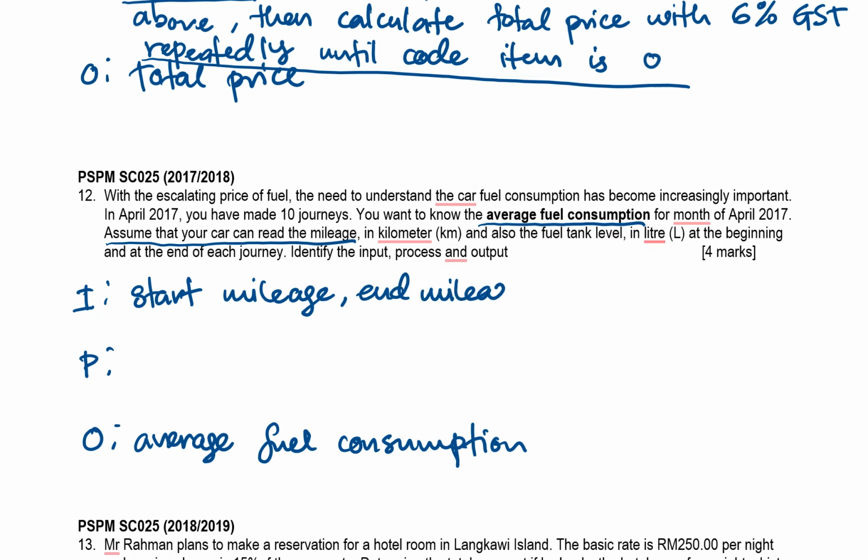Then only you can get the total mileage: end mileage minus start mileage gives the total mileage. Then what else do you need? Of course, start fuel and end fuel. Make sure you separate them with commas. Next, how about the process?